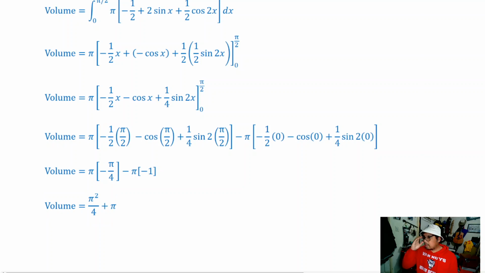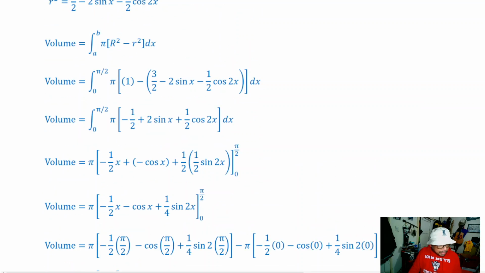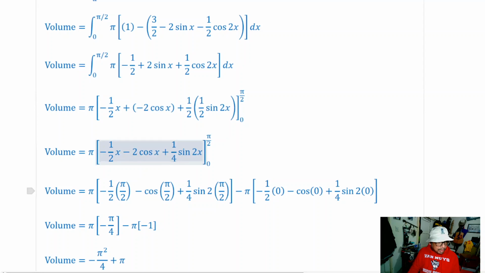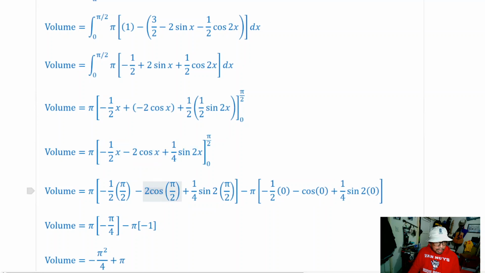And I think I need a negative there. Somehow I missed it, and I think I just found it over here. This antiderivative of 2 sine x, that's -2 cosine x. So -2 cosine x over here, a 2 over here, a 2 over here. Man, I hate doing this to you.